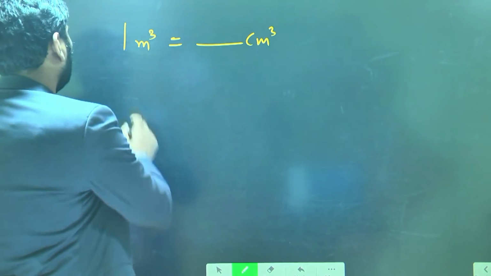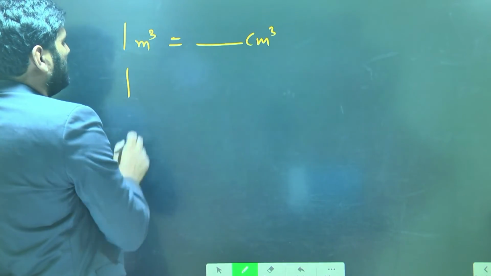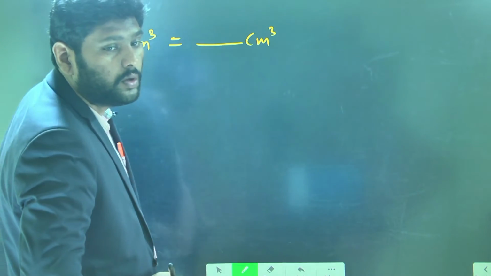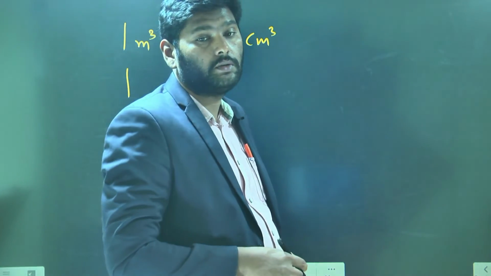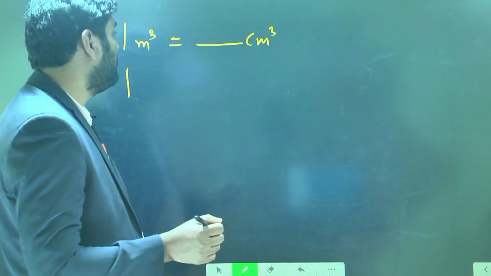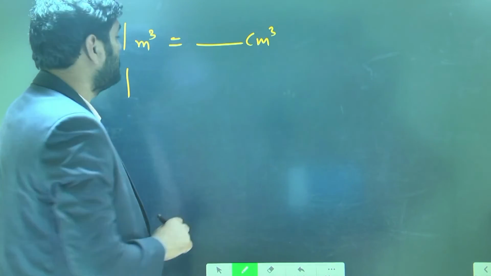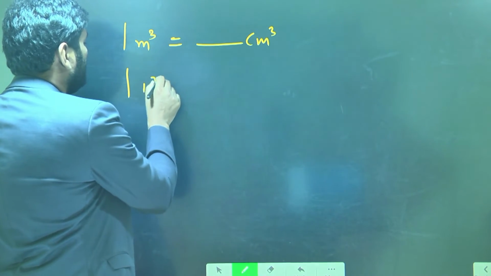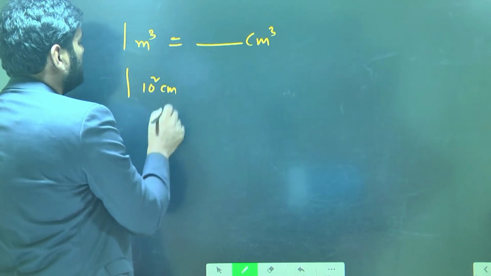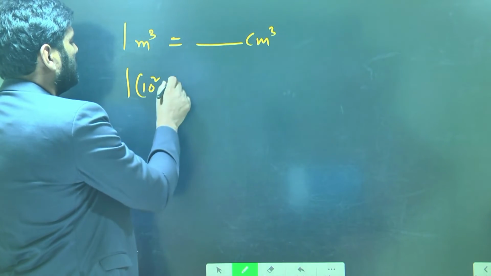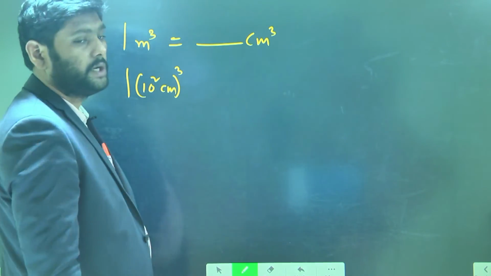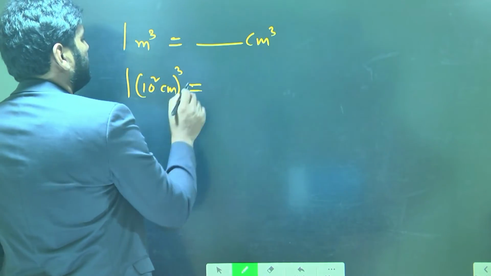Here, you know 1 meter is equal to how many centimeters? Just now we told, it is 10 power 2. So (10 power 2 centimeter) cube.